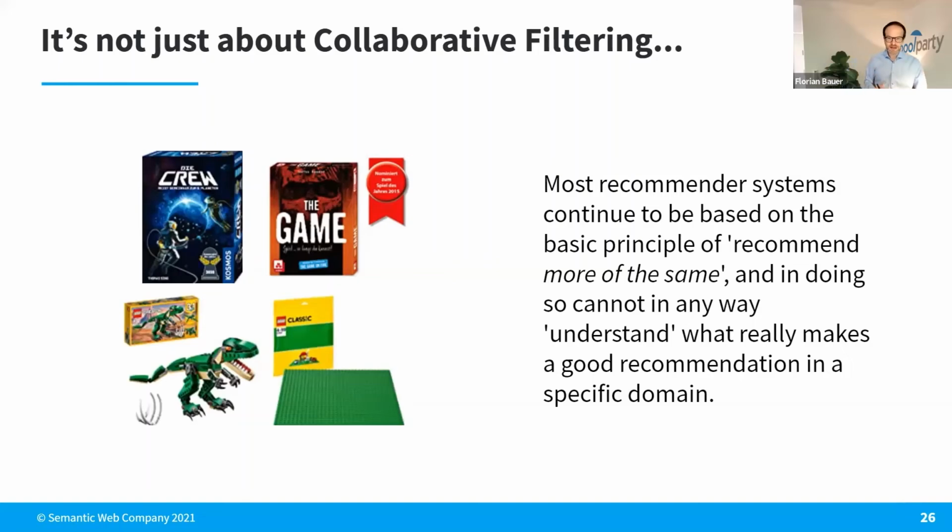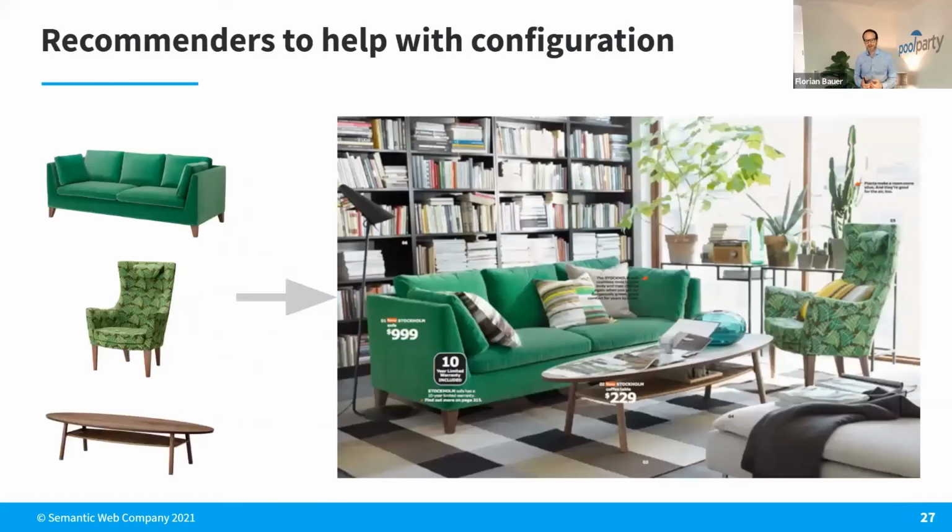Just one example to illustrate this: think about a furniture shop. If I bought a green couch, I do not need another green couch or sofa, right? What I need are recommendations of things that fit into the situation I'm in, because I maybe want to have furniture for my living room.